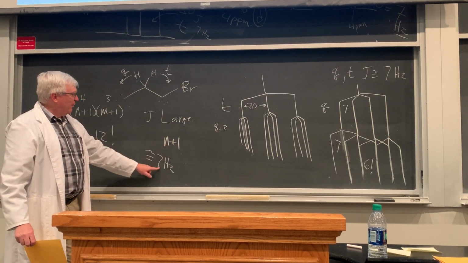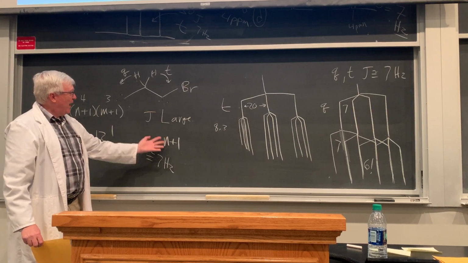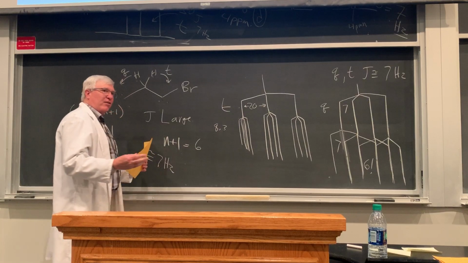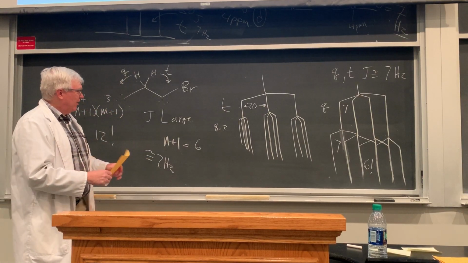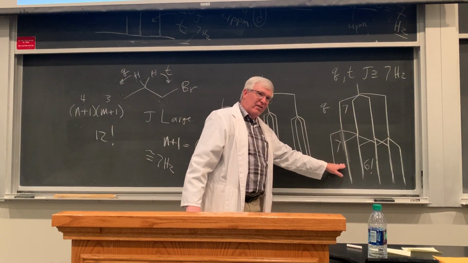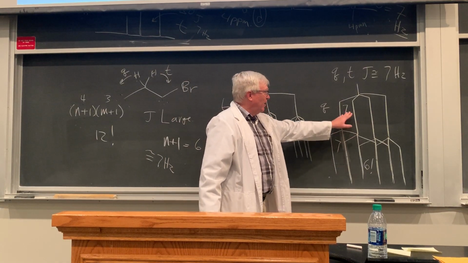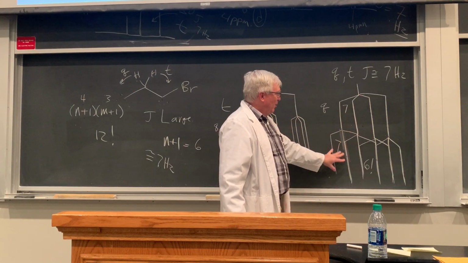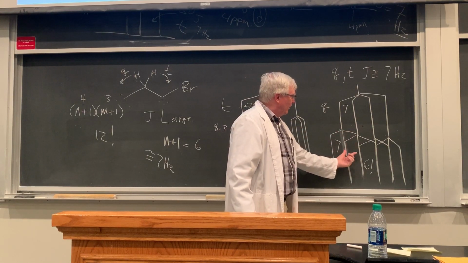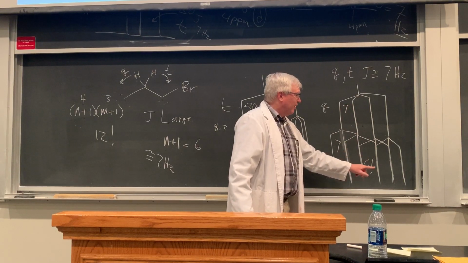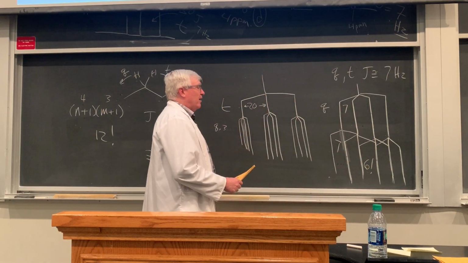So if they're all around 7 here, it just comes out to 5 neighbors plus 1, comes out to a hextet or a sextet, okay, 6-line pattern. And here you see it. It's an apparent hextet because actually the couplings are happening at the quartet and triplet level, but because the J values are all about the same, 6 is a lot easier to keep track of than 12.